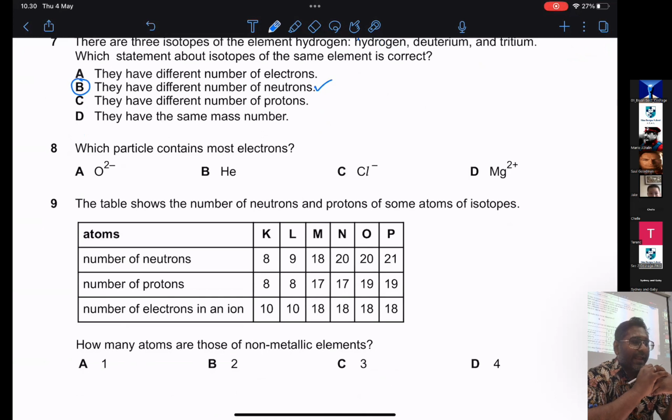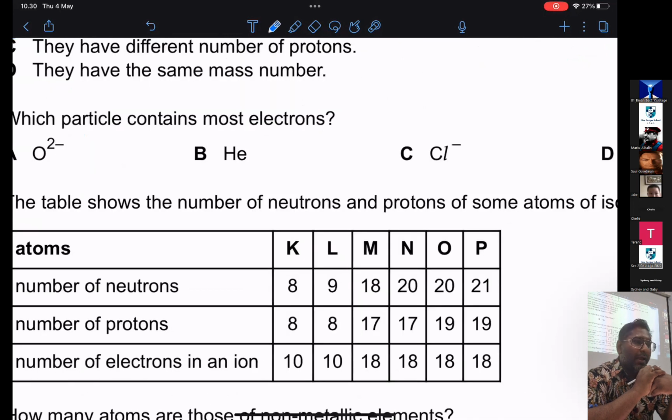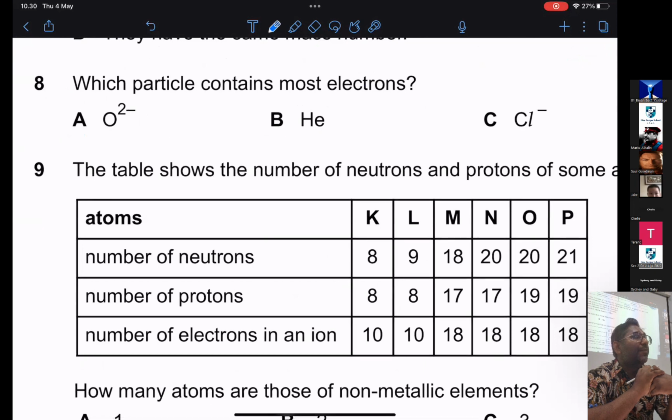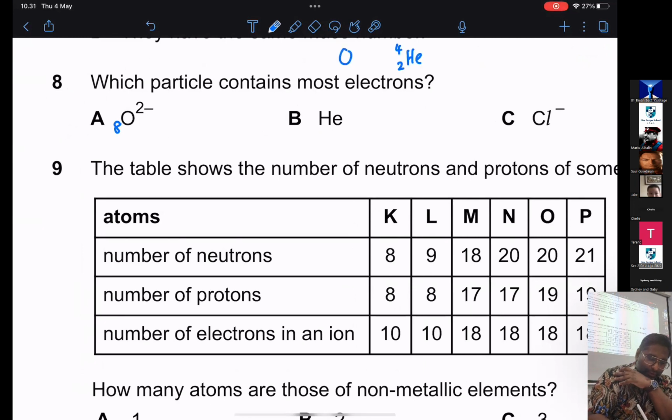Which statement about these isotopes of the same element is correct? Generally, isotopes have the same number of protons but a different number of neutrons. If you look over there, which one is correct? I think straight away it is a giveaway: they have different numbers of neutrons.